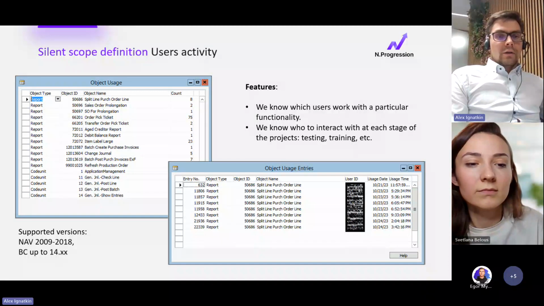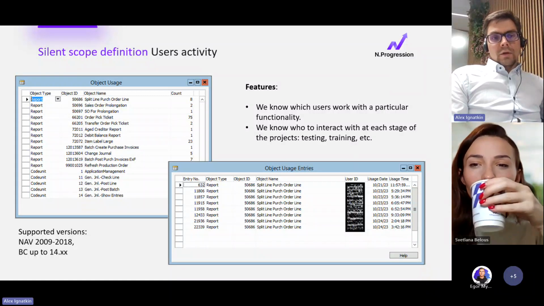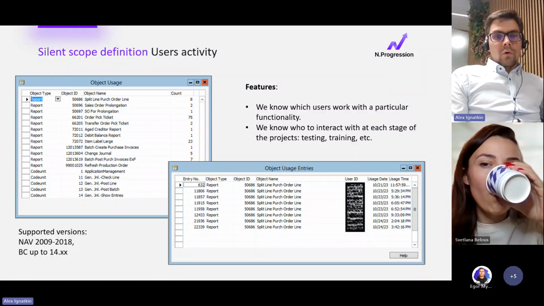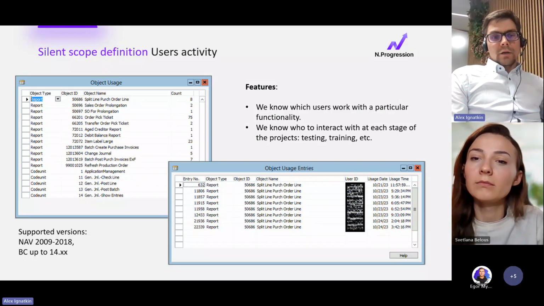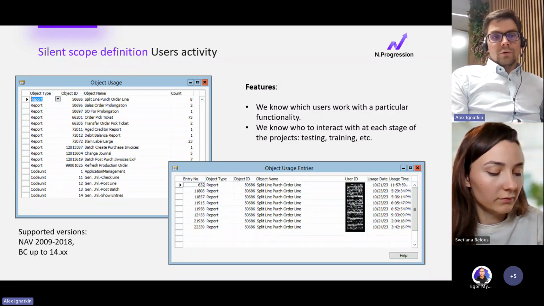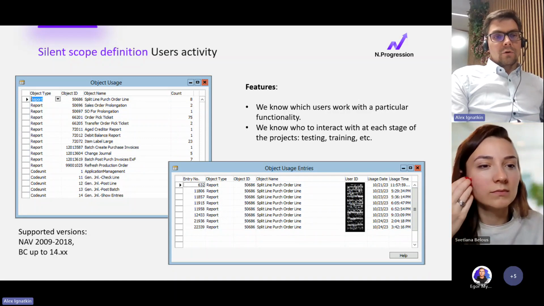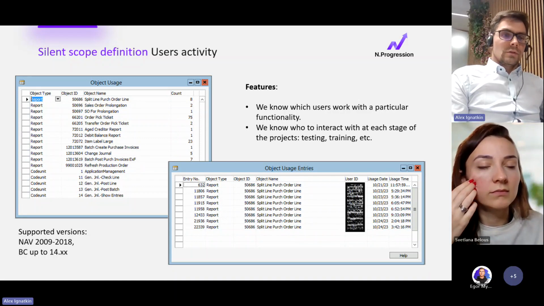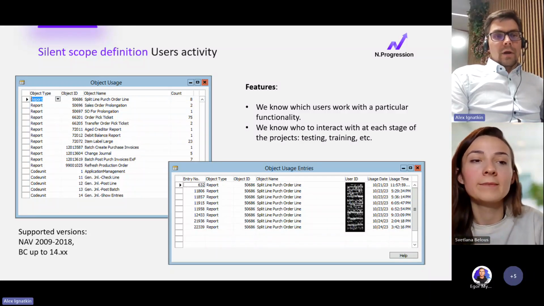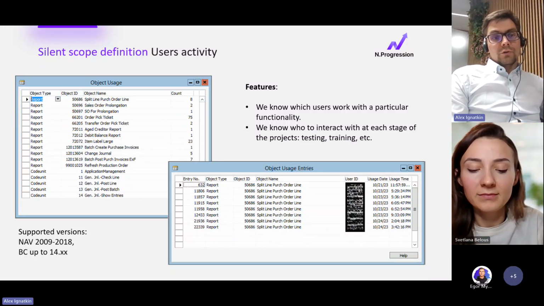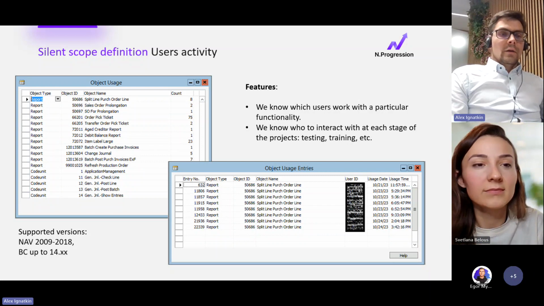We can run parallel run testing. It's technically more complex, but if you upload the initial balance in the new system and you post, for some reasonable period of time, transactions in the old system and the new one, at the end you will be able to compare all the results and be sure that everything is fine.